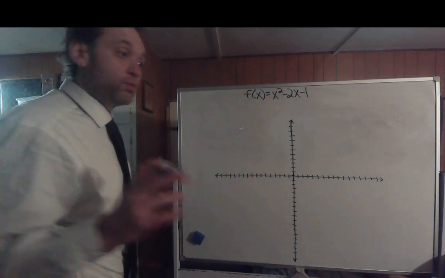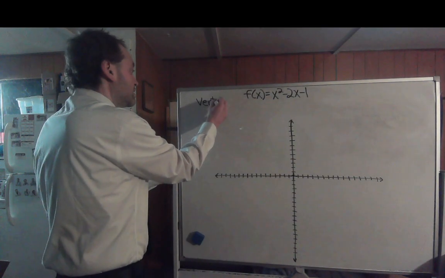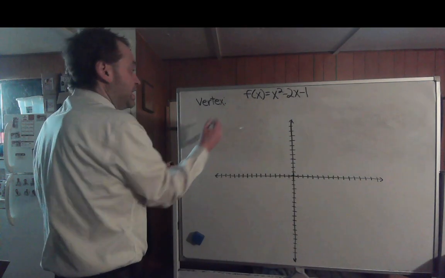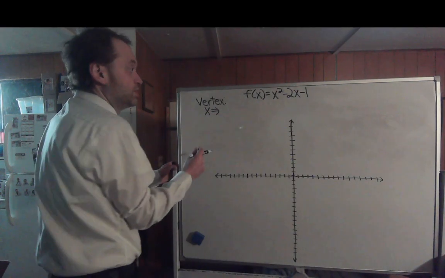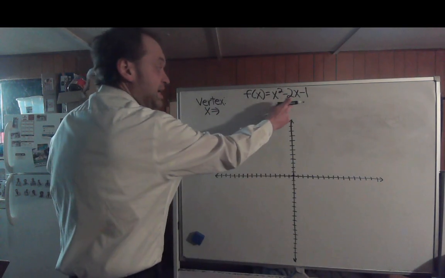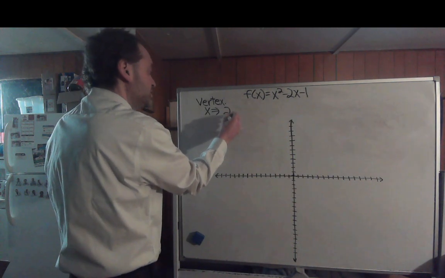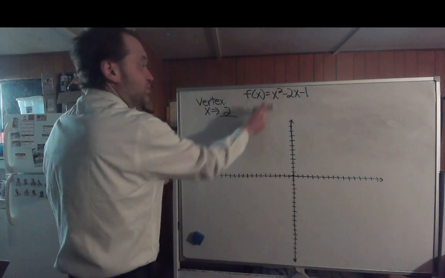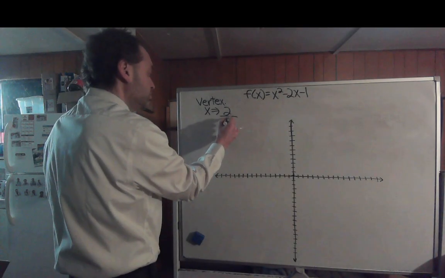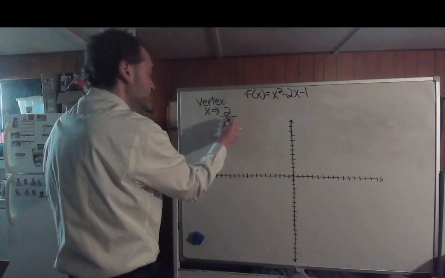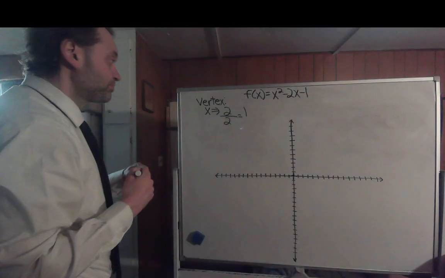So first thing you want to do is find your vertex. The x coordinate is going to be equal to the negative of b. Well, b is negative 2, so negative of negative 2 is positive 2, over 2 times your a. The coefficient on the x squared term is your a, which is 1, so 1 times 2 is 2. That would give you an x coordinate of 1.